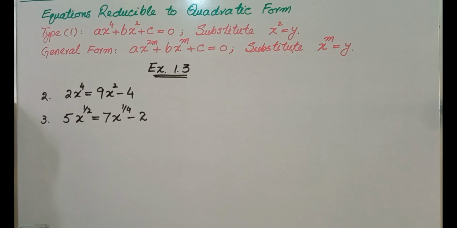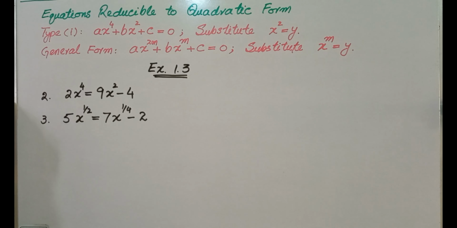This equation can be written as 2 x square power 2 minus 9x square plus 4 equals 0. You know the power rule: x square power 2, the power is multiplied with the power, so we write x power 2 into 2, which becomes x power 4.